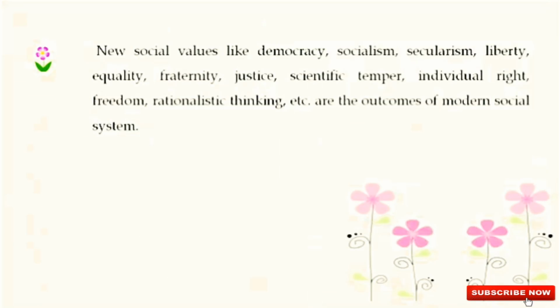New social values like democracy, socialism, secularism, liberty, equality, fraternity, justice, scientific temper, individual rights, freedom, rationalistic thinking, etc. are the outcomes of modern social system, which should be an essential part of social science teaching. Wide range of social mobility, multiculturalism, cultural pluralism, multilingualism, decline of old social traditions, etc. are rampant in modern society.